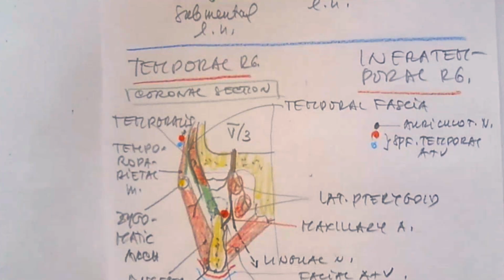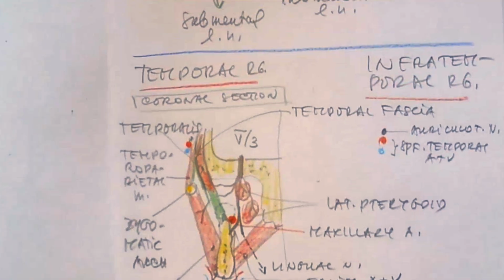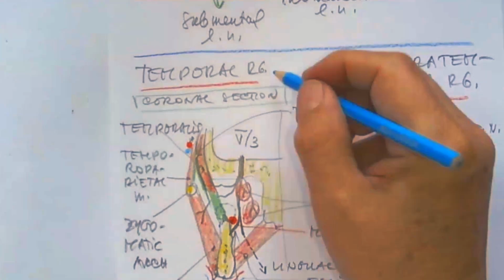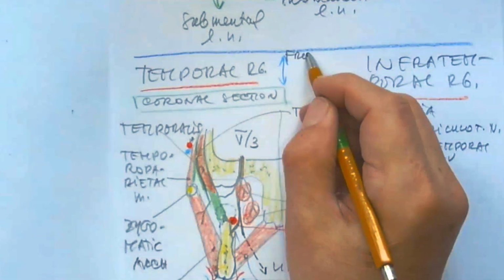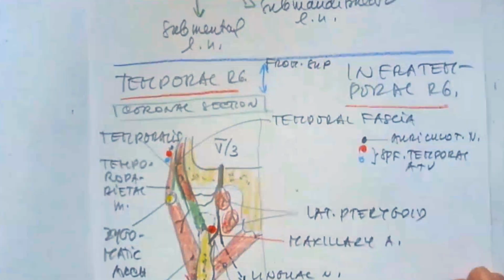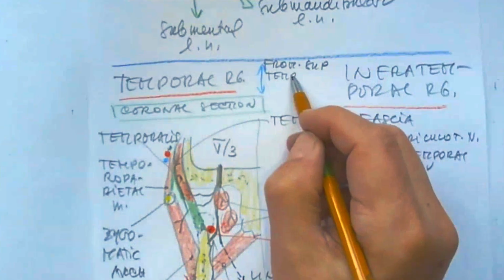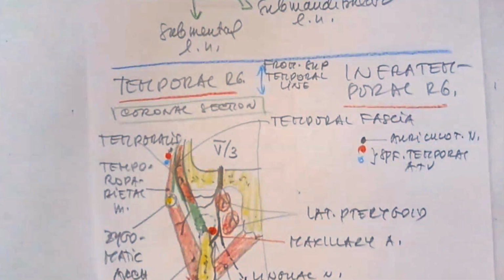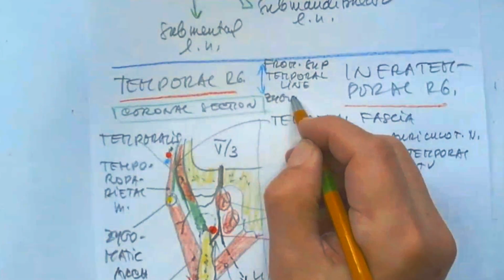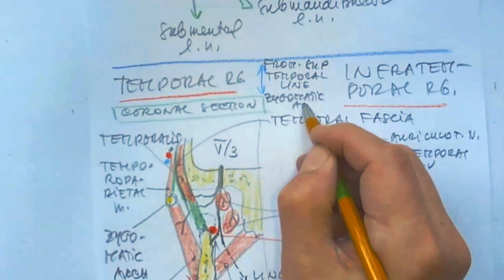And the last two sentences for today. Concerning the temporal region, the boundary of the temporal region is easy, descending from the superior temporal line on the lateral side of the temporal squama, and then the zygomatic arch.